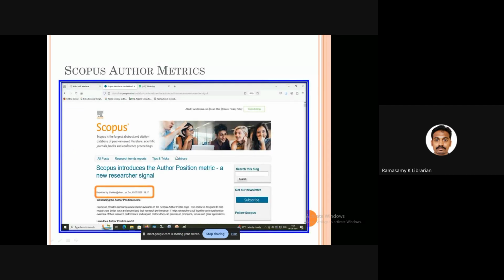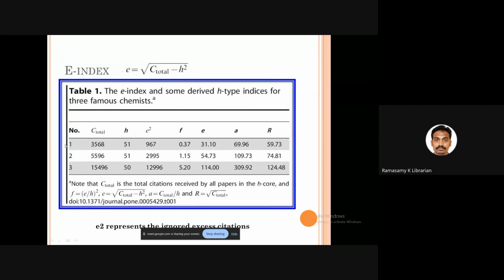For example, I'll show you here. There are 3 scientists: first scientist, second scientist, third scientist. They all have almost equal H index: 51, 51, 50. But if you calculate the E index based on the excess citations received by them, you can understand who is better. Their E index is 31 for the first author, 54 for the second author, 114 for the third author.